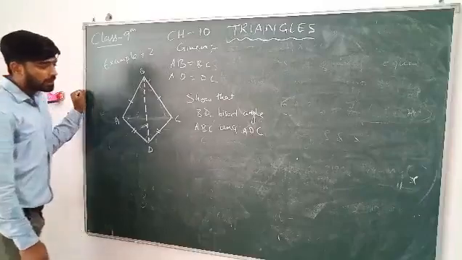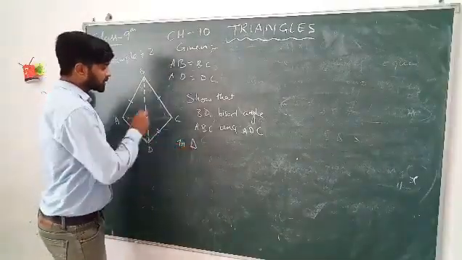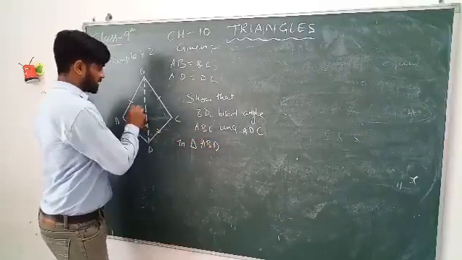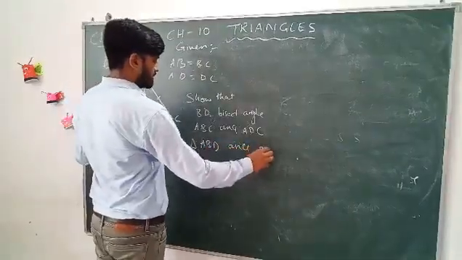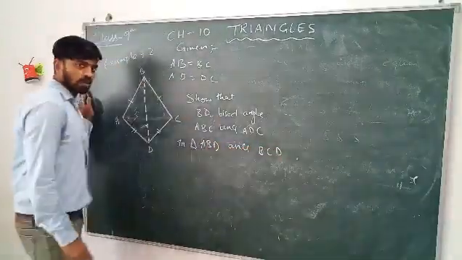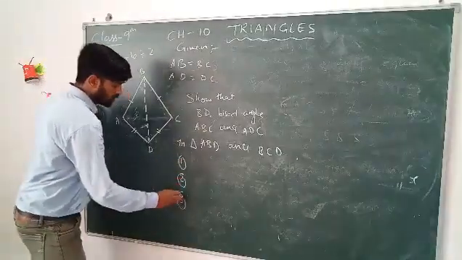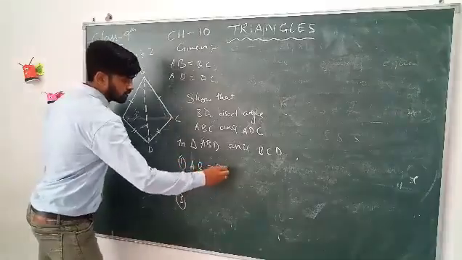So what I am doing, I will be writing in triangles. There are two triangles. I will be taking triangle ABD, this triangle, and the other triangle that I will be taking is BCD. Now I need to prove, as you know, what is the first proof? AB equals to BC, which is given.